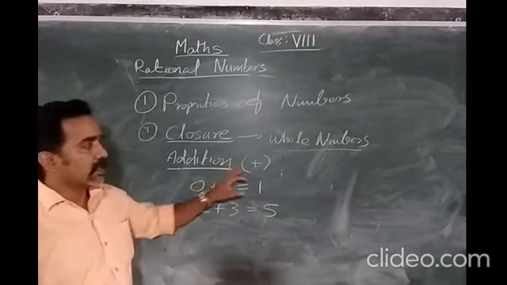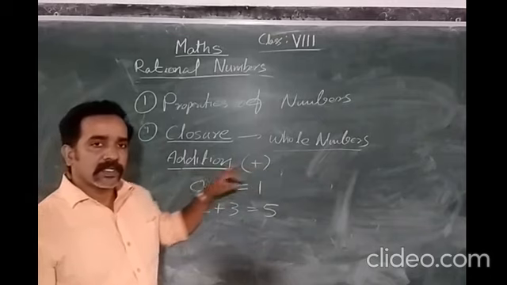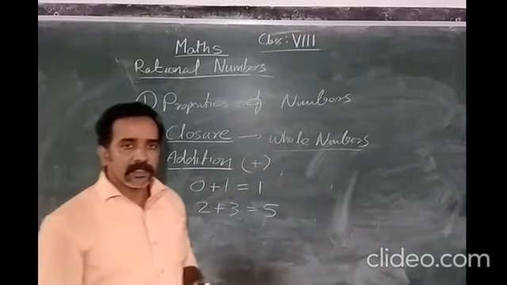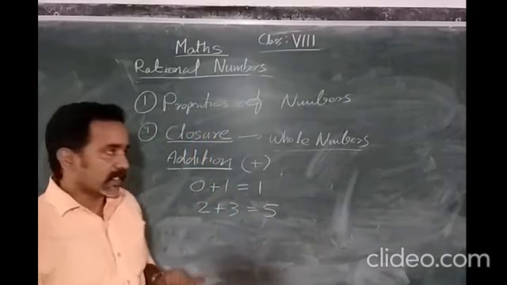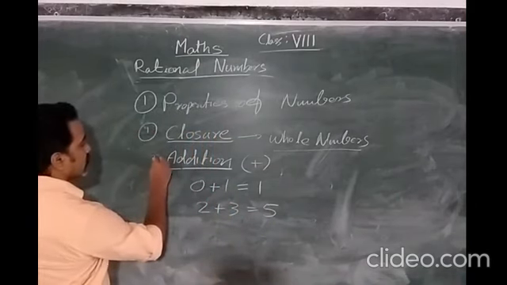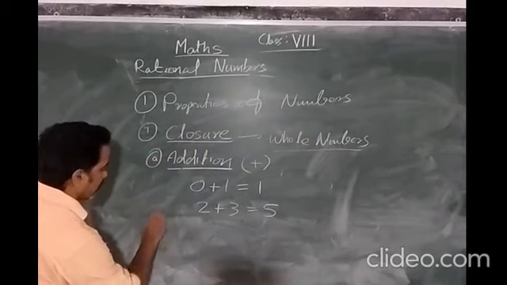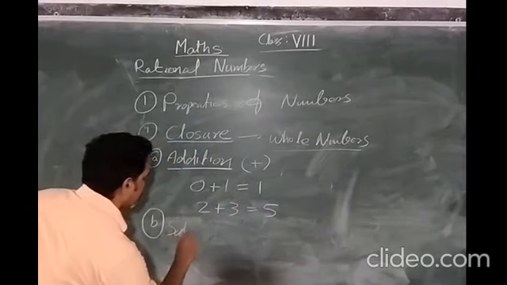That means the set is closed with addition. Clear? The next one, subtraction, we can check. This is the first operation. The second one, subtraction.